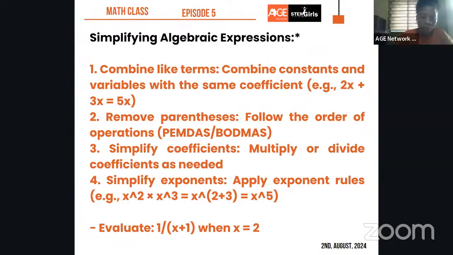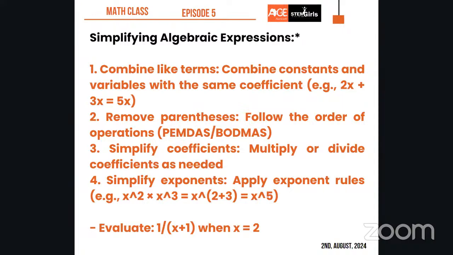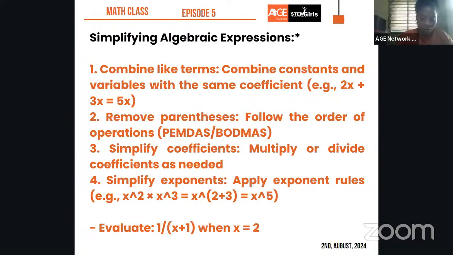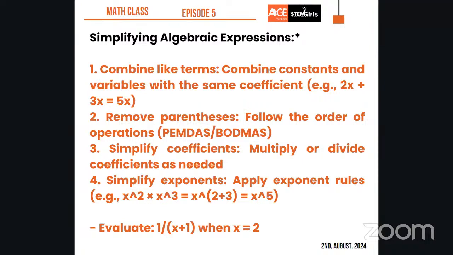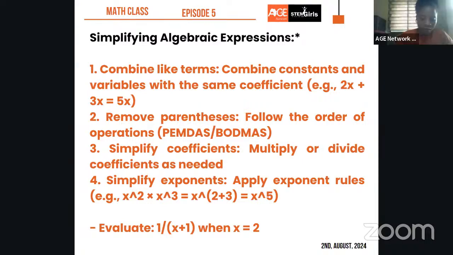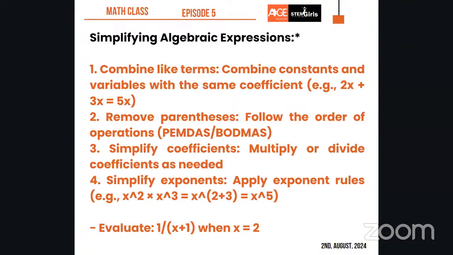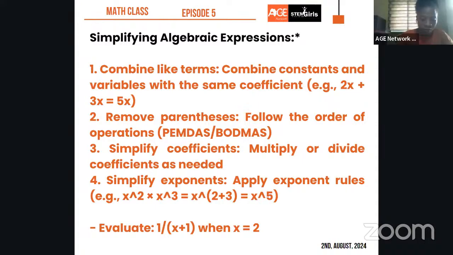Here x is the same variable, 2 is the power for x squared, 3 is the power for x cubed. So when you multiply them, you add the powers together: 2 plus 3, and the answer will be x raised to the power of 5.